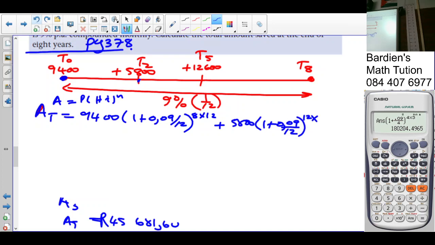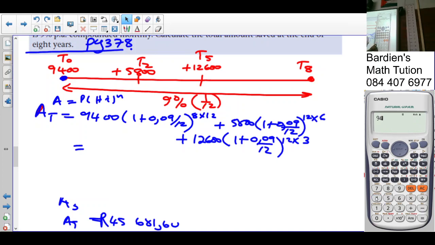And how many years from T2 to T8? 6 years. Now it's a plus 12,600 into 1 plus 0.09 over 12 to the exponent 12 times 3 years.